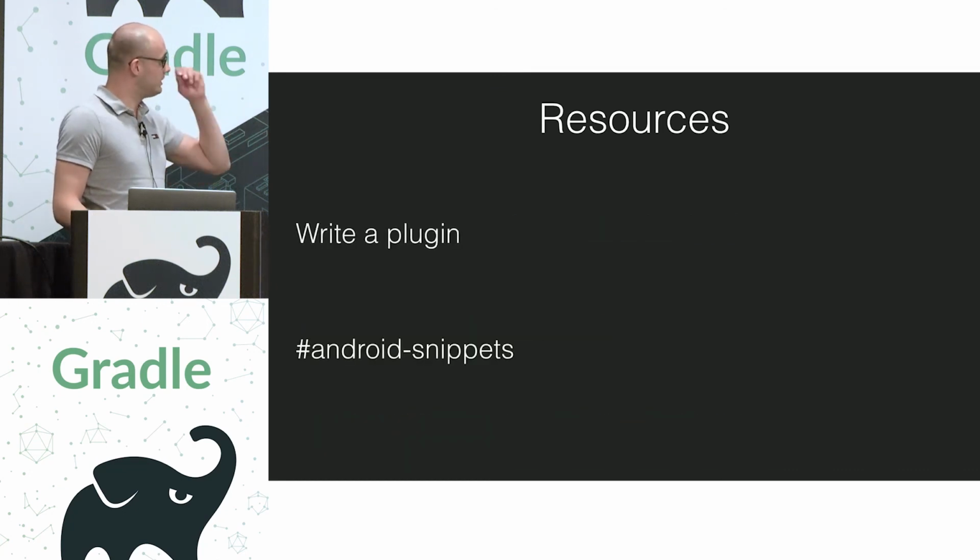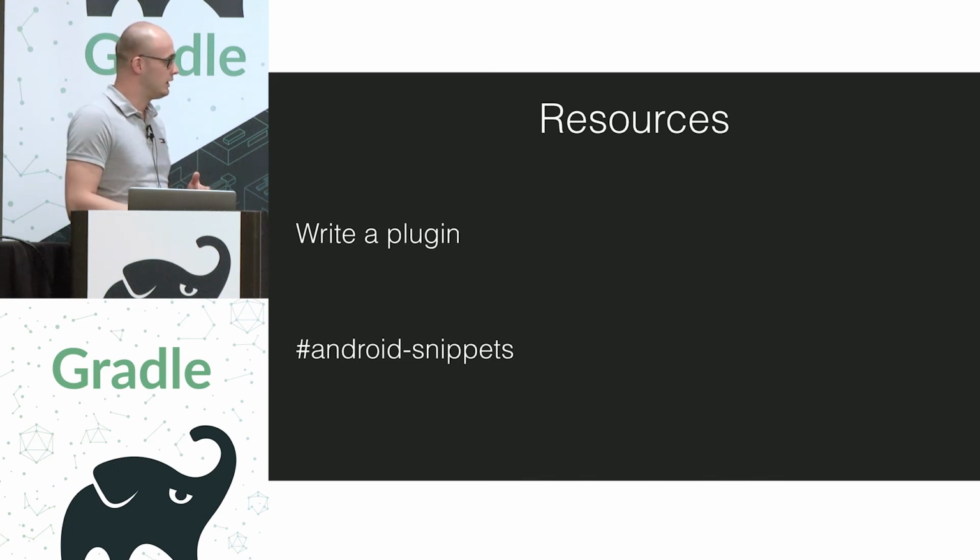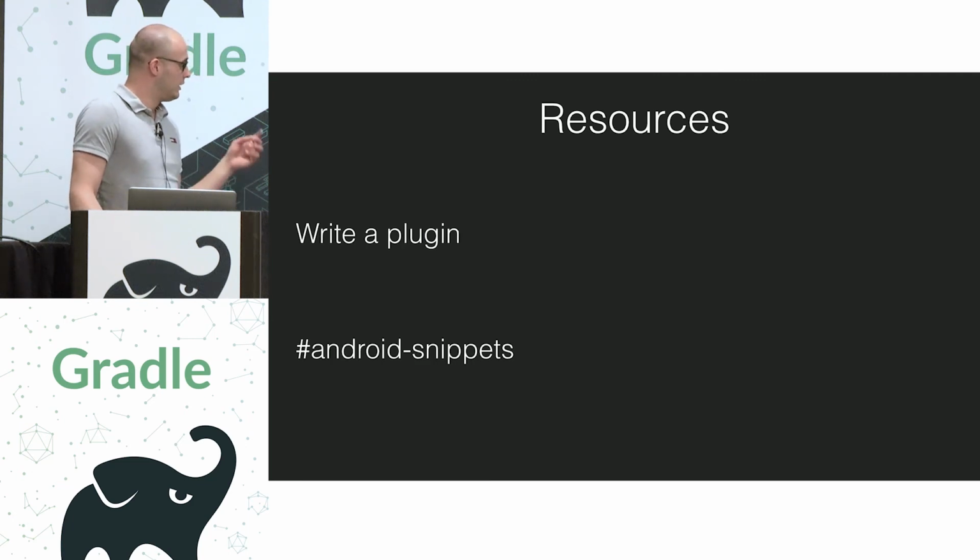And then what I recommend is to write a plugin yourself, because then you will have to understand, for example, extensions, how to add extensions, how to work with extensions, and you will be able to just play with that.